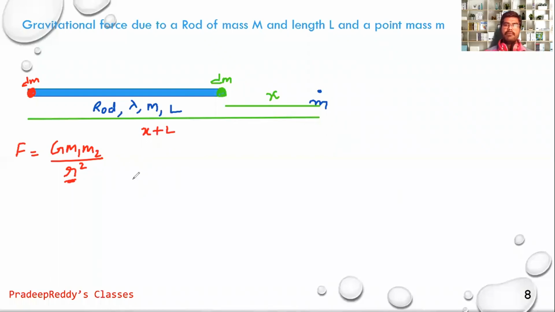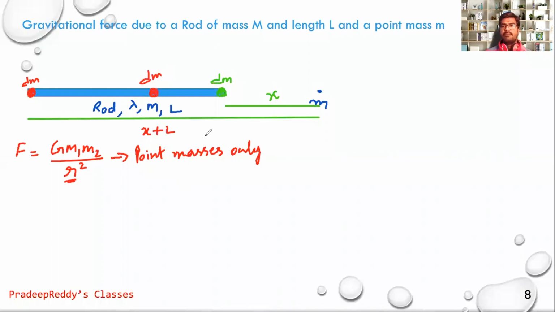So what we will do is first consider a very small element in the rod and find the gravitational force acting between the element and the point mass, because this is applicable for point masses only. I'll take a very small element somewhere here.